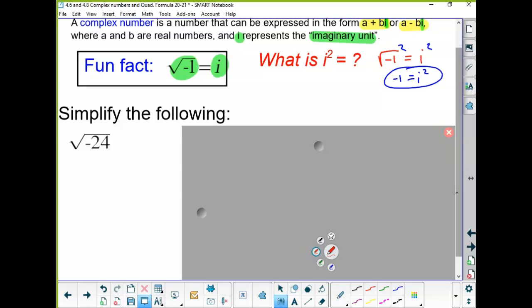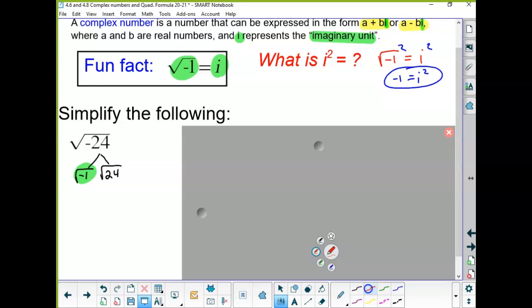So if I have the square root of -24, what we want to do is split this up as the square root of -1 and the square root of 24. Well, we already know what the square root of -1 is. That's going to turn into i. And then all that means is you just go back to the square root of 24 and break it down into the perfect square.